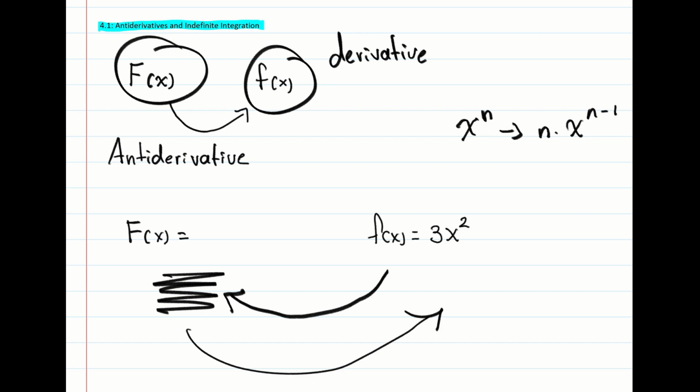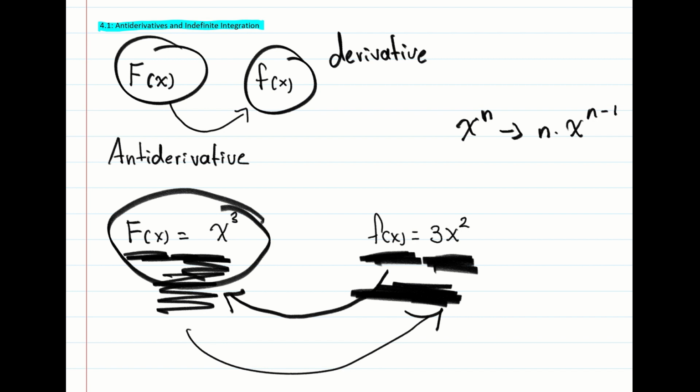Any guesses? It'll be x cubed, right? The problem is that when you add any number, so plus 5, the derivative is 3x squared plus 0. Plus 6, 3x squared plus 0.